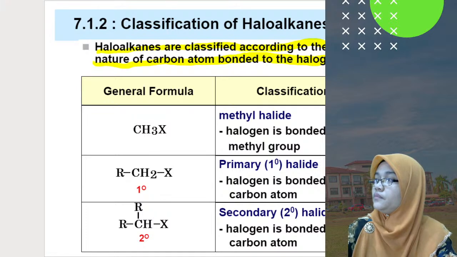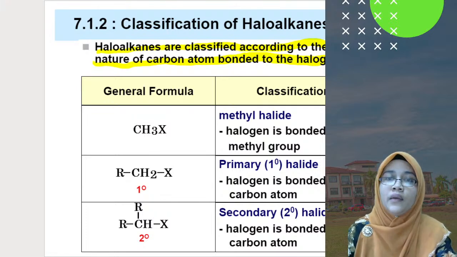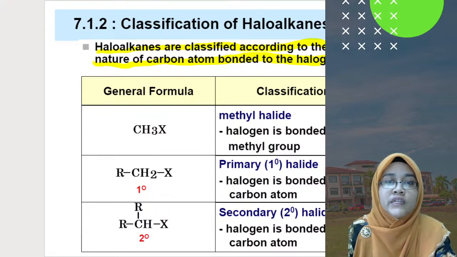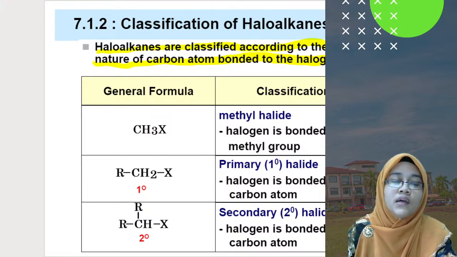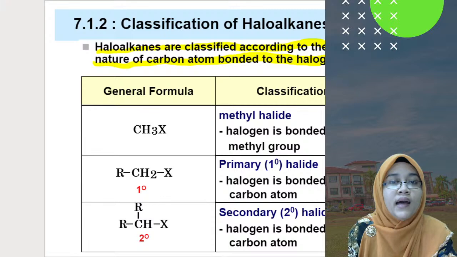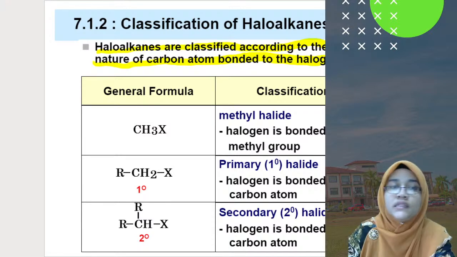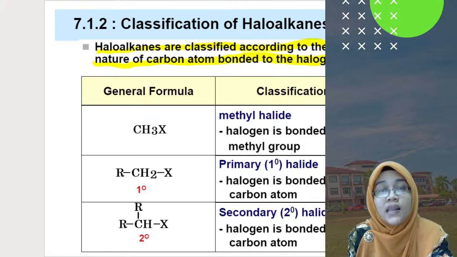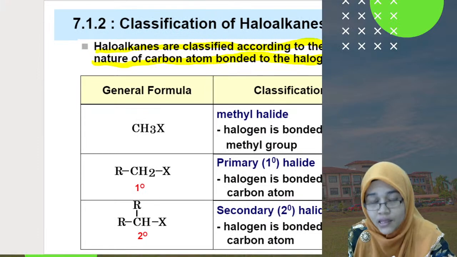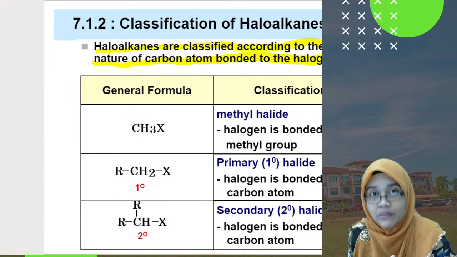So general formula of this compound classification. Okay, when we have CH3Cl, so the general formula is methyl halide because this halogen is bonded with CH3.